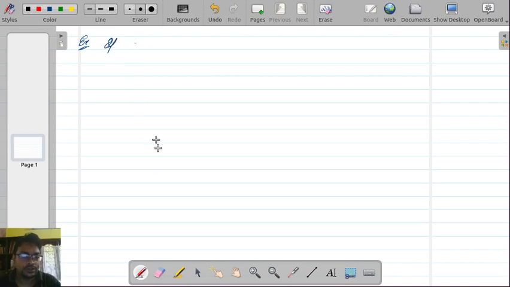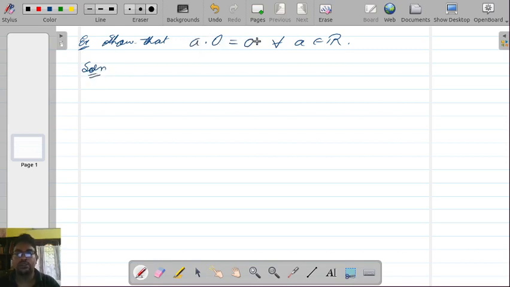Show that a dot 0 is equal to 0 for all a inside R. Okay. Right, so this we did not list as a field axiom. Okay, we are deriving it using the field axioms. It means any real number multiplied with 0 is 0 only.